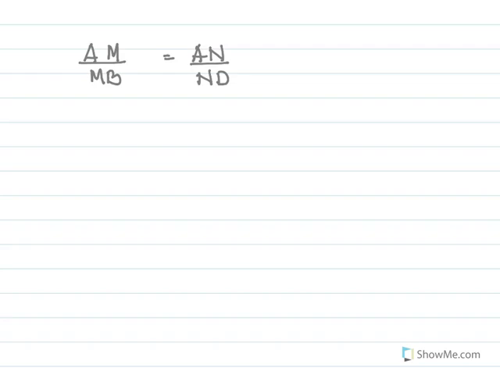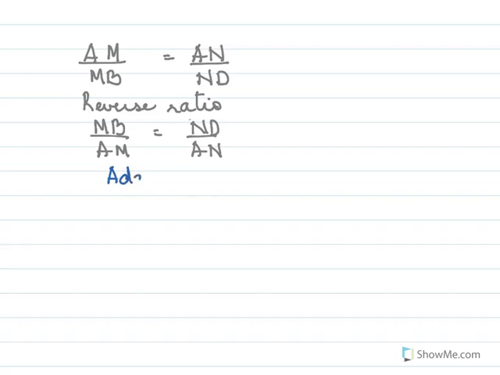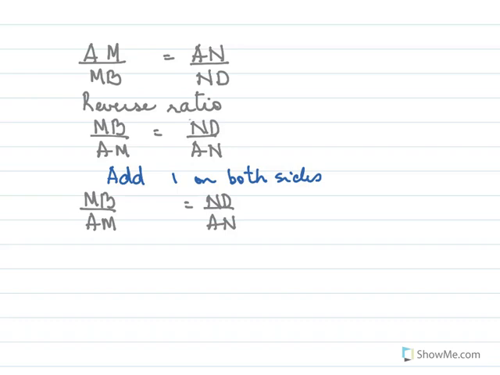Now we'll just reverse the ratios. This is called invertendo. So we get MB over AM equals ND over AN. To this we will add 1 on both the sides. So we get MB over AM plus 1 equals ND over AN plus 1.